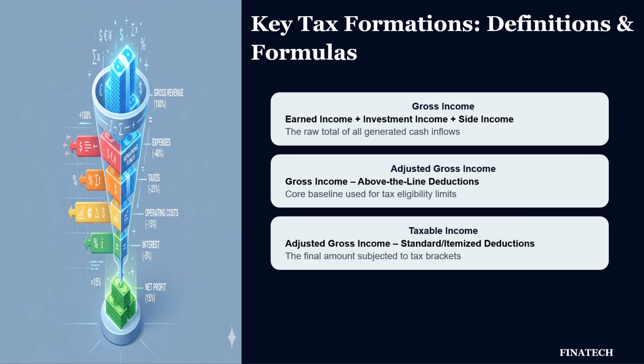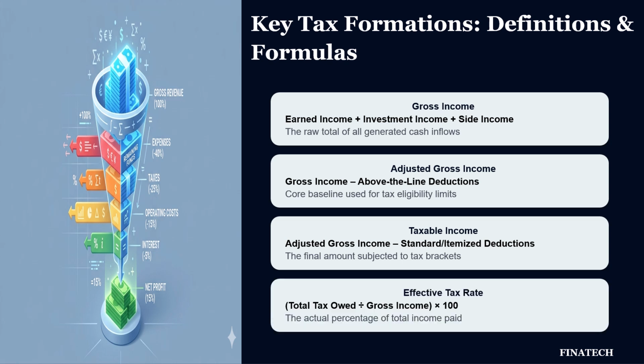Taxable income: adjusted gross income minus standard or itemized deduction, the final amount subjected to the tax bracket. And the last, the effective tax rate: total tax owed divided by gross income multiplied by 100, the actual percentage of total income paid.